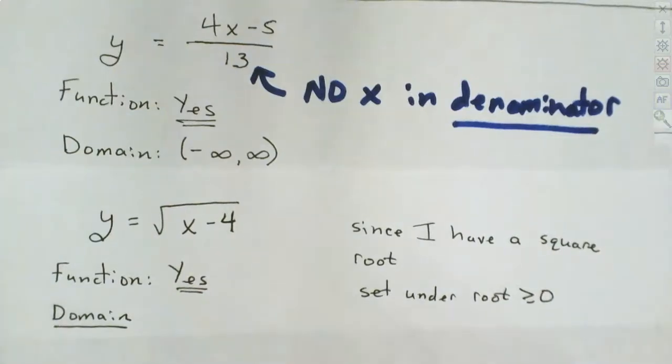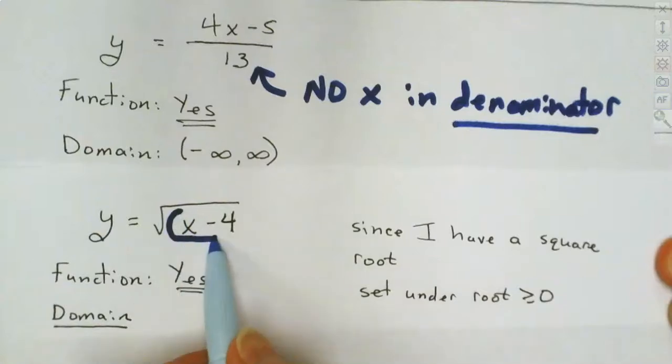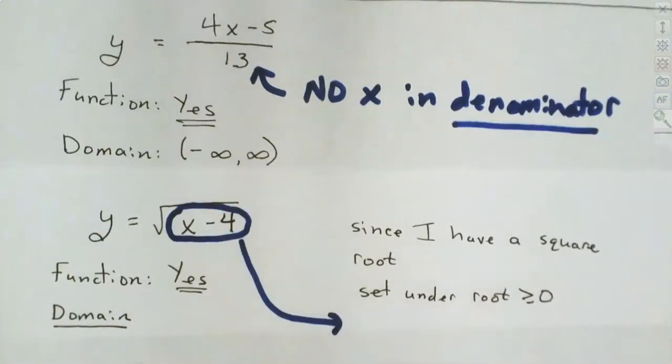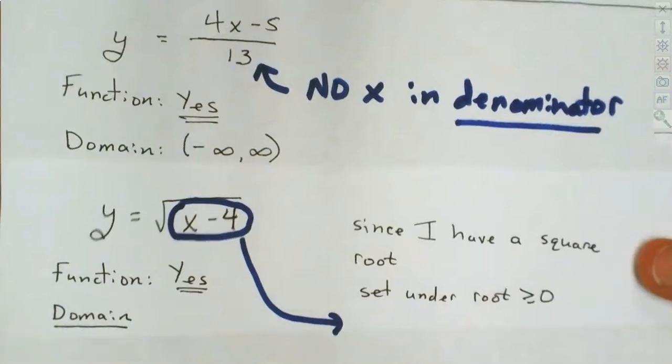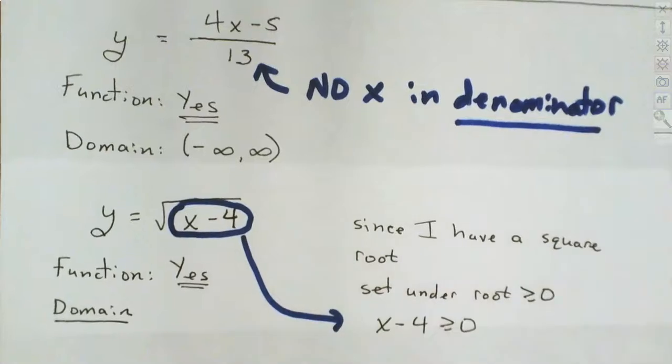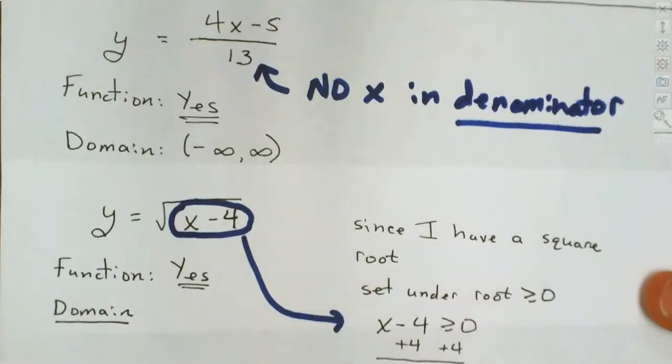What's underneath our root here is x minus 4. So we've got x minus 4 is greater than or equal to 0. So move that 4 over. x is greater than or equal to 4.